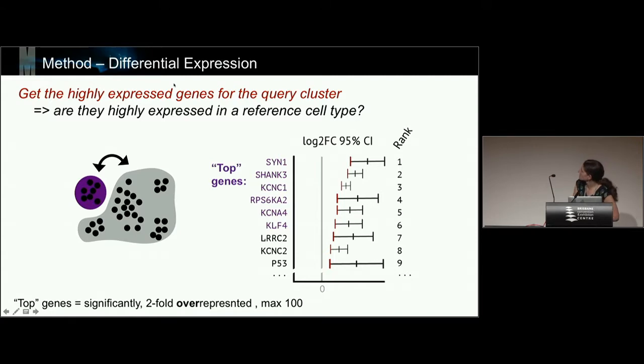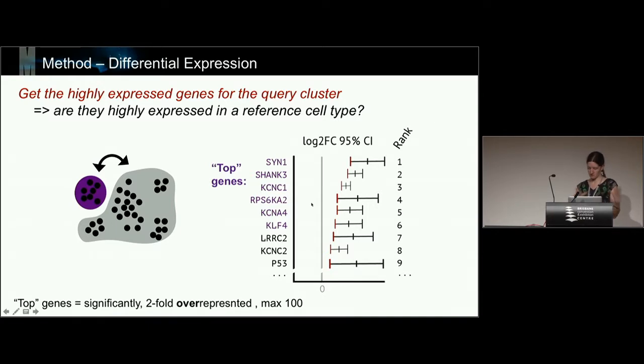Can you see my pointer there? Yes, you can. And then we rank them from the most enriched to the least enriched, based on a fold change and a confidence interval. We do it that way as a compromise between the magnitude of the change and the statistical confidence in that change. But at the end of the day, we have a rank of 1 to 20,000 genes, or however many you have.